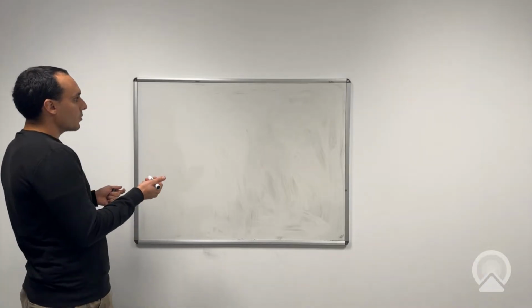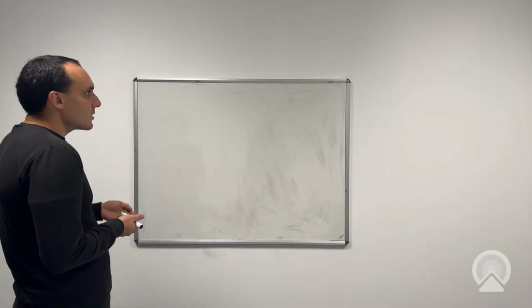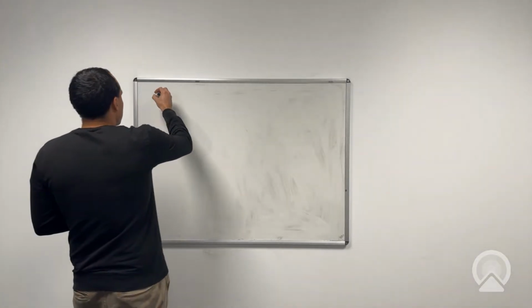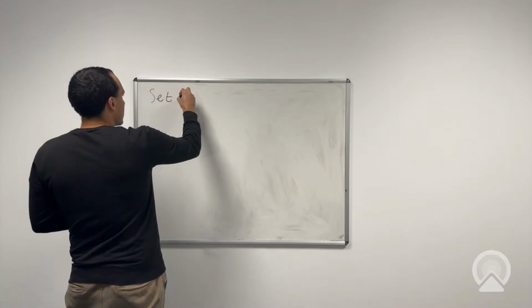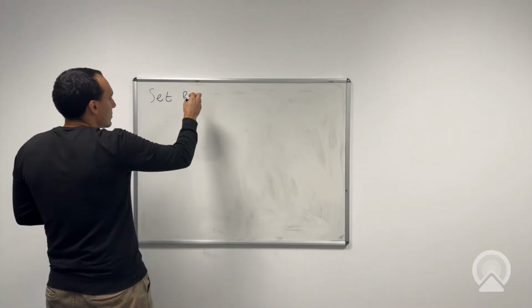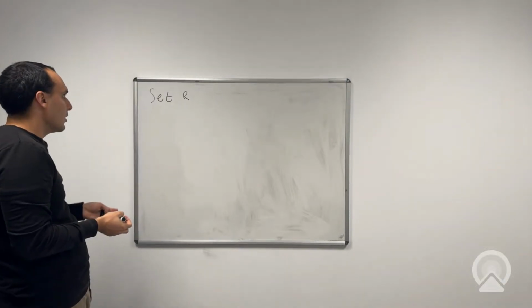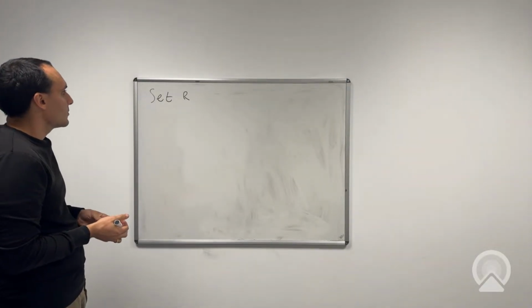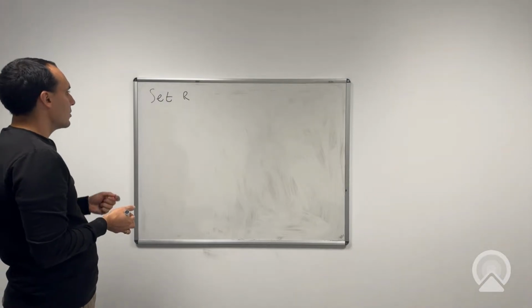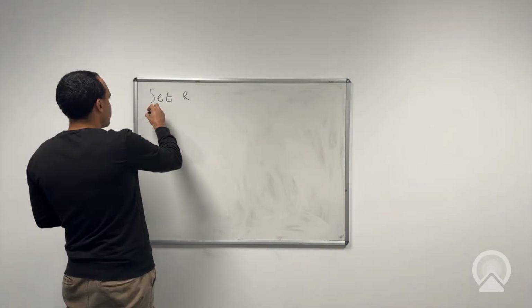So we started with sets, which are just collections of elements. So let's start with some set and call it R. It's a collection of elements, so it doesn't have any structure. And we started with algebraic structures with one operation.